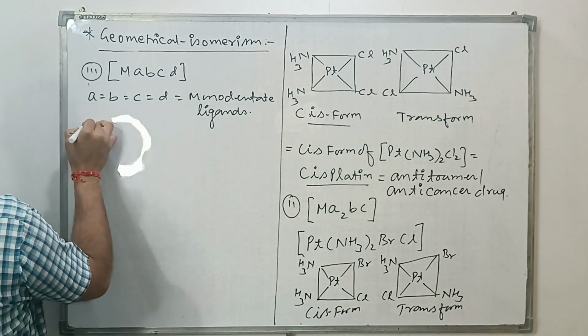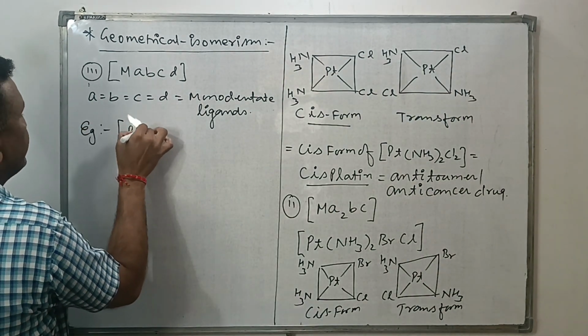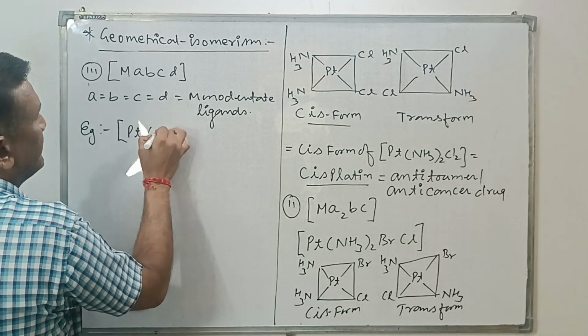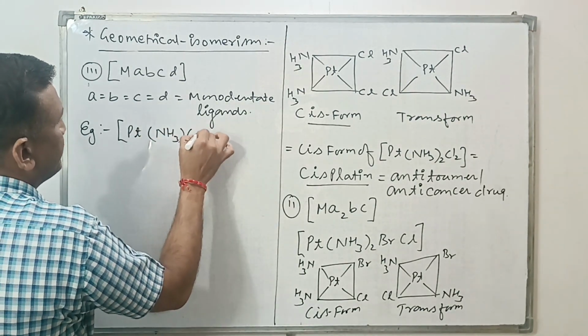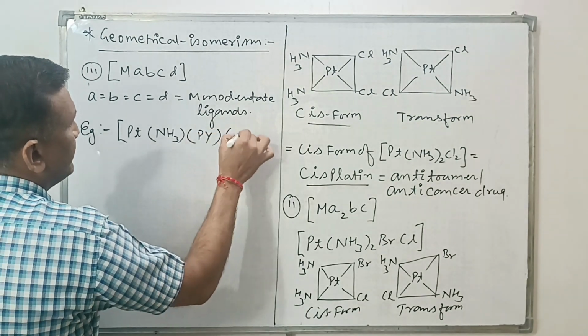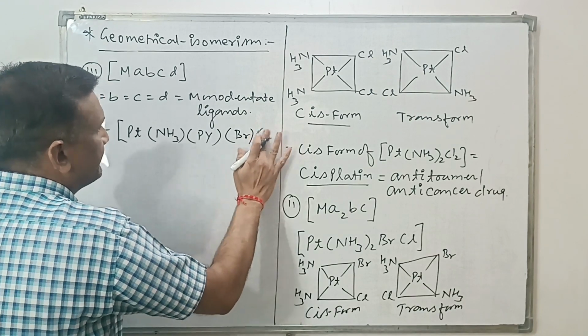If we go with an example, we can take Pt, this is your NH3, this is your py, this is your Br, this is your Cl.